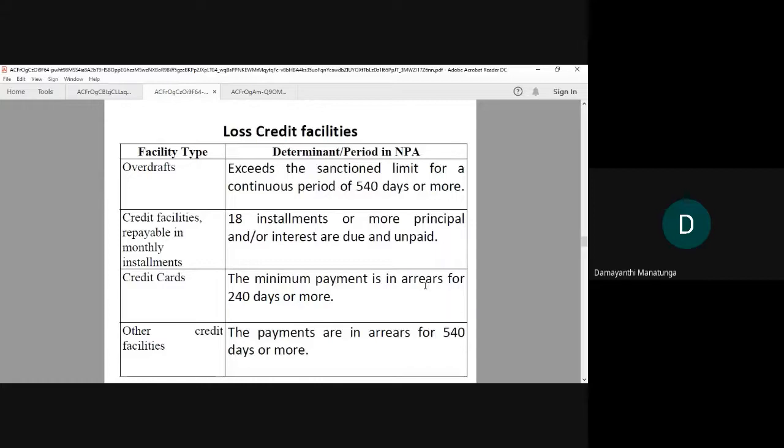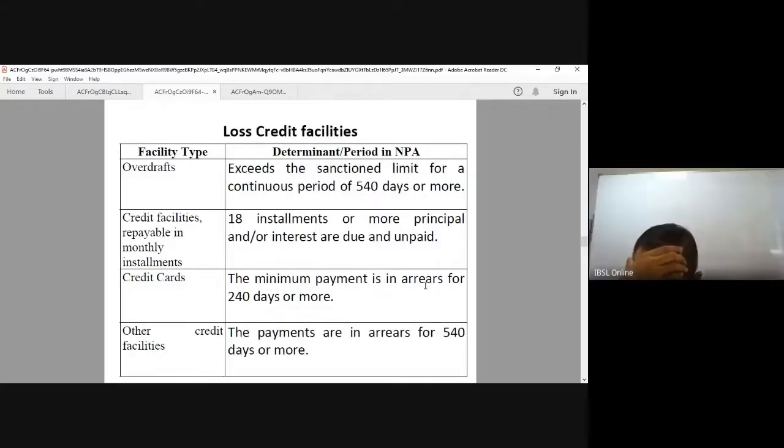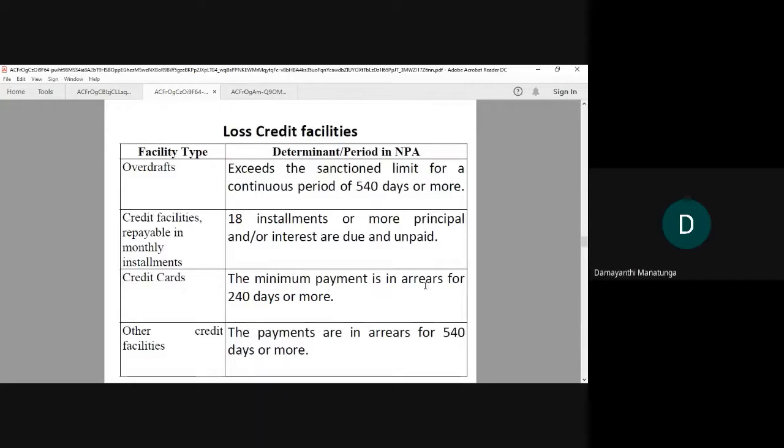You said that if the client is in trouble and the bank makes an arrangement to reschedule the facility, extending his repayment period, then normally it's 90 days we have to wait to classify as NPL, no? Yes.